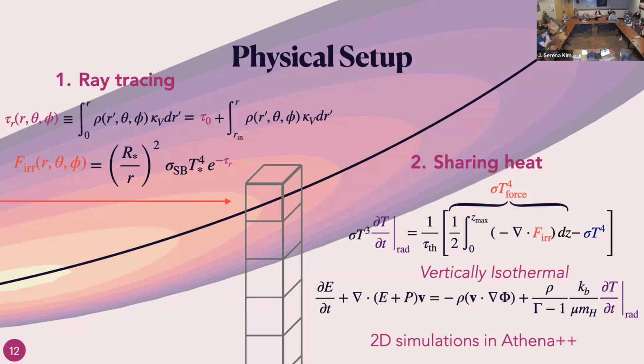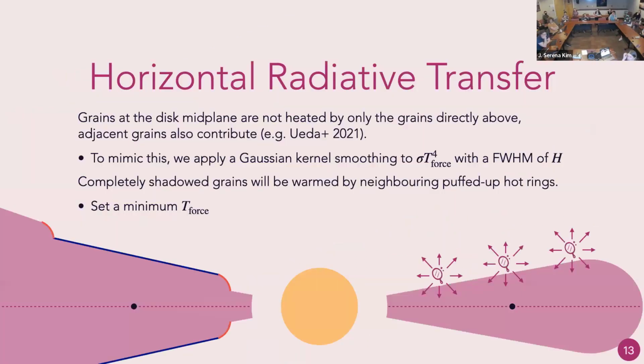Thanks for that. So then there's two other things that we consider for the treatment of the thermal physics. The first of which is that grains at the disk midplane are not heated by only those grains directly above them. Adjacent grains will also contribute. That's what we're seeing pictorially on the right.